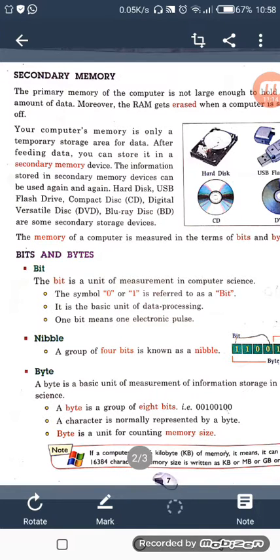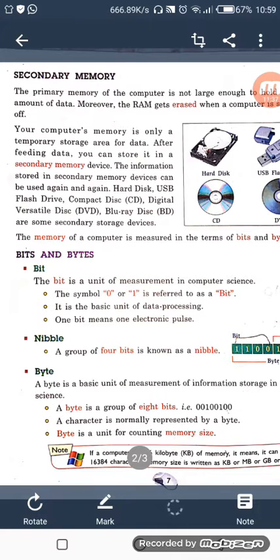The information stored in secondary memory devices can be used again and again. Once we have stored information in our memory devices, we can use it again. We can take them anywhere we want. If we want to delete that information, we can also delete it.